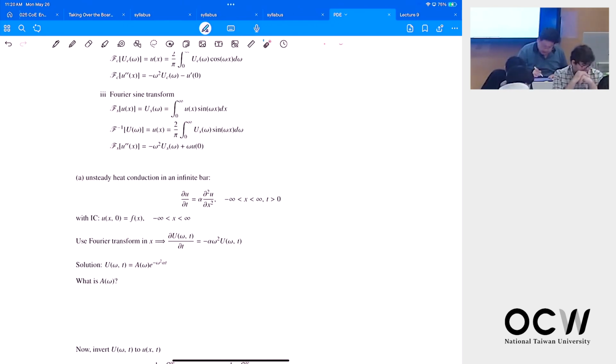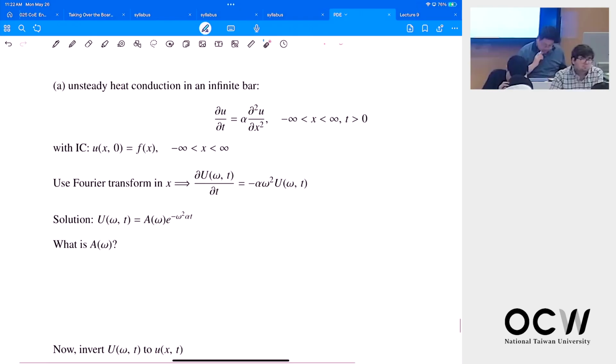And then our solution will be a function of omega times the exponential. Now how can I get the coefficient? All right, so now let's try to find the A of omega.